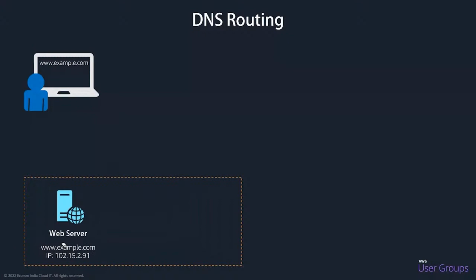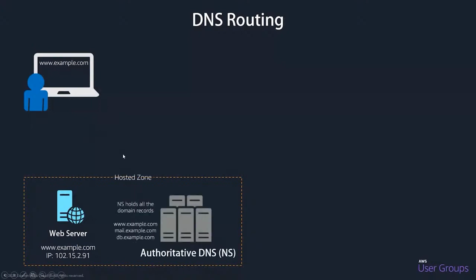Yeah, so in order for the user to load the web page on the computer, this computer needs to go ahead and find out this IP address. Once it finds out the IP address, it will make a direct connection and then load the web page. That's the whole idea, right? So over here, you have the web server, and then you have something called the authoritative DNS or name server.